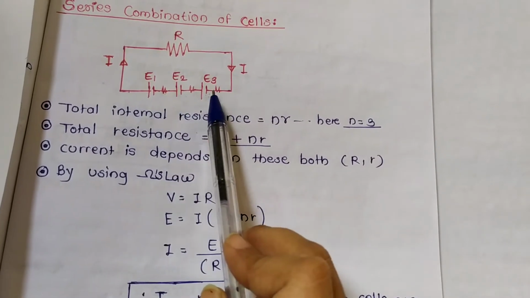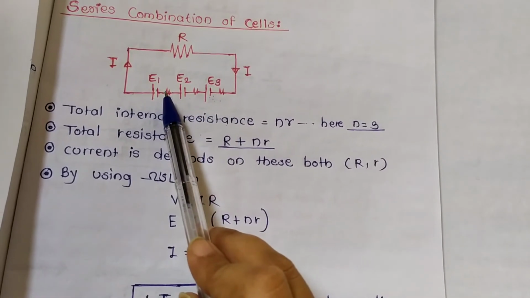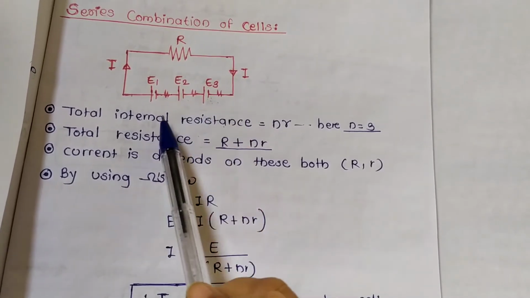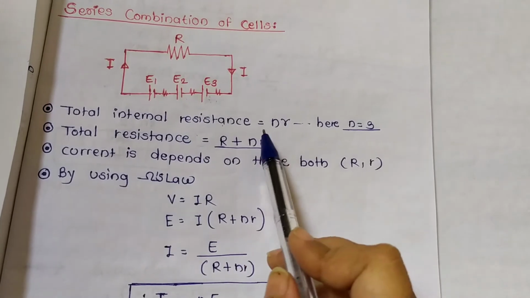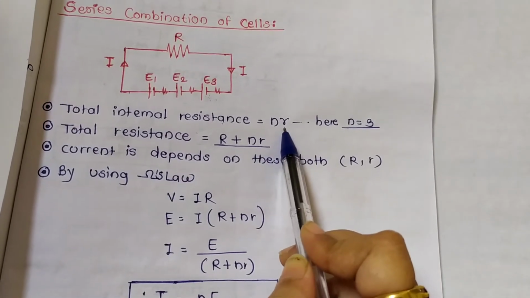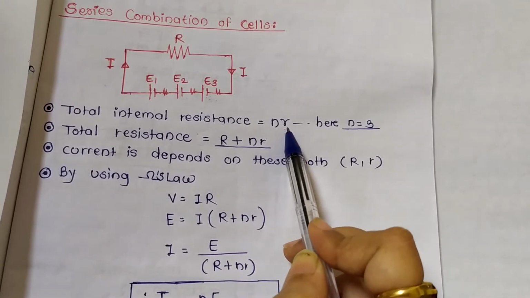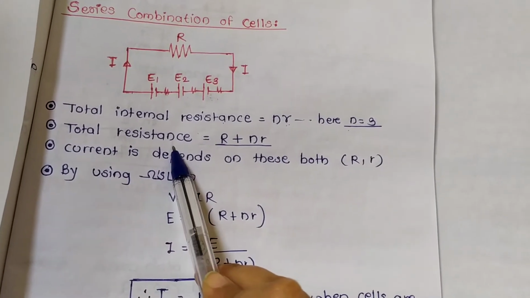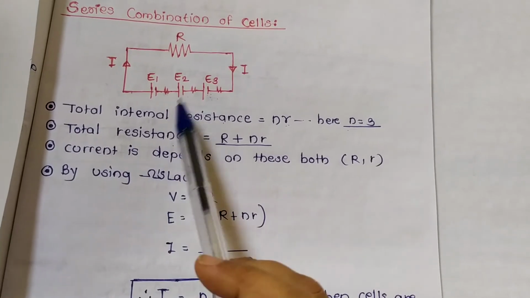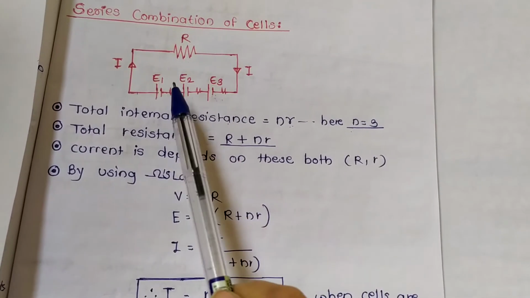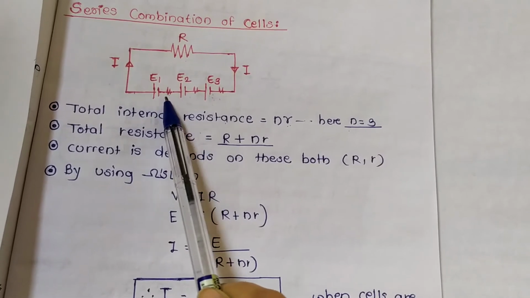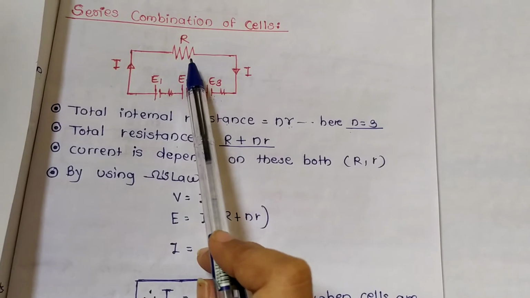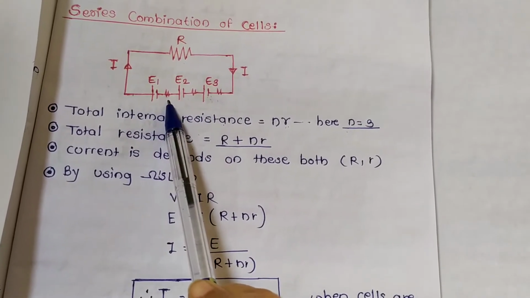Here we have given 3. But if there are more than 3, then we can write N into r. Here N is 3. Total resistance is this R plus this N into r. Current depends on this R and small r.